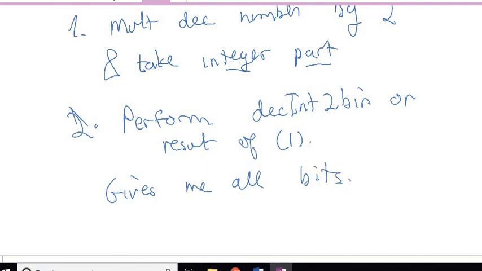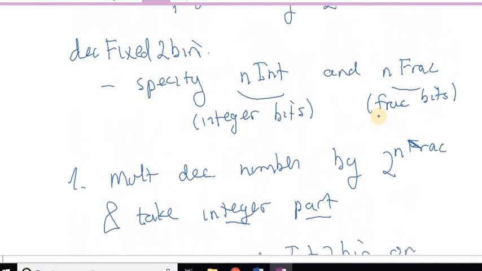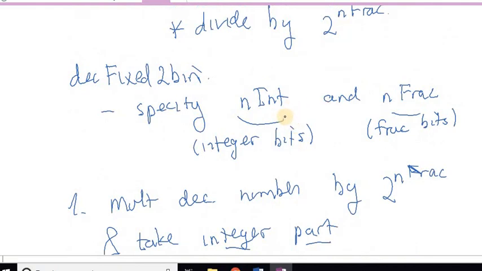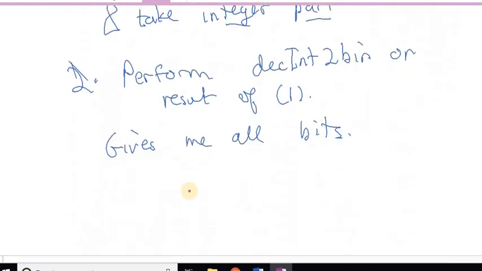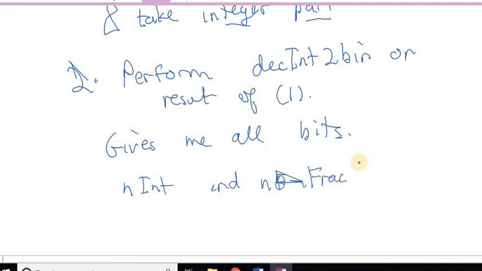And then all I need to do is, I know here, I specified the number of integer bits and the number of fractional bits, so I just need to maintain that. So I have nint and nfrac, we're already given.